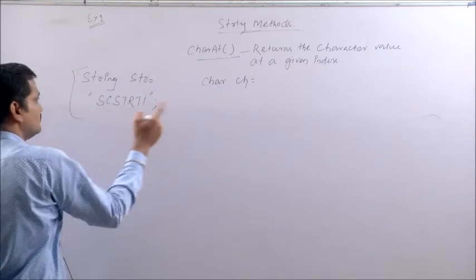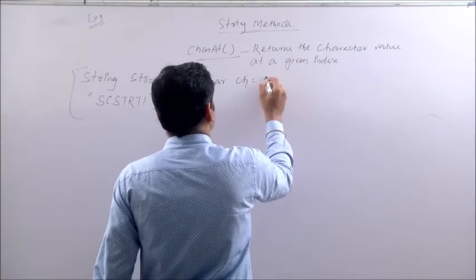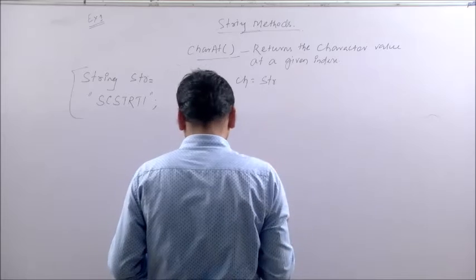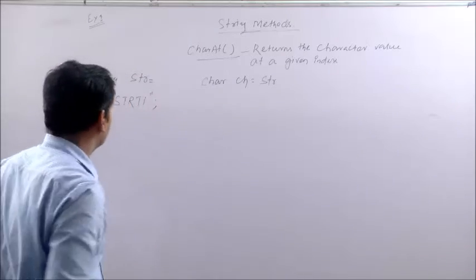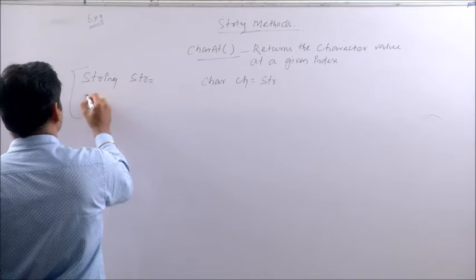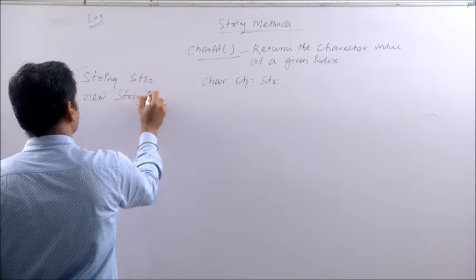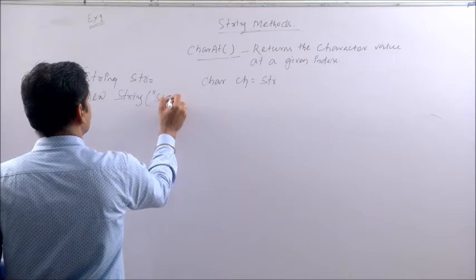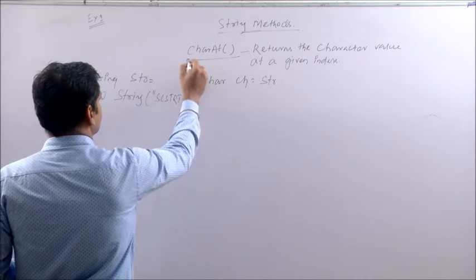This is the string we are going to use. Now char ch and str, or we may create it by using the new operator. Create it not as a string literal from the string literal pool, but using the new operator, new String scstrti, like this. Okay.